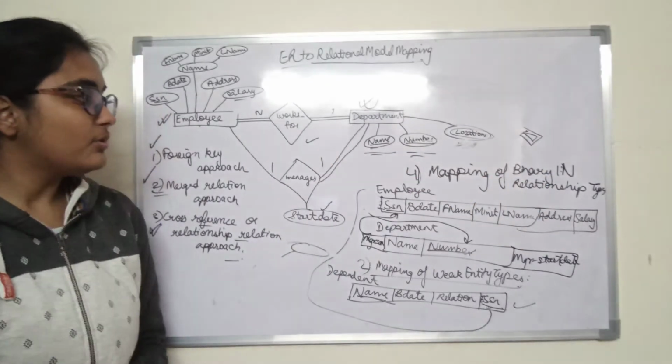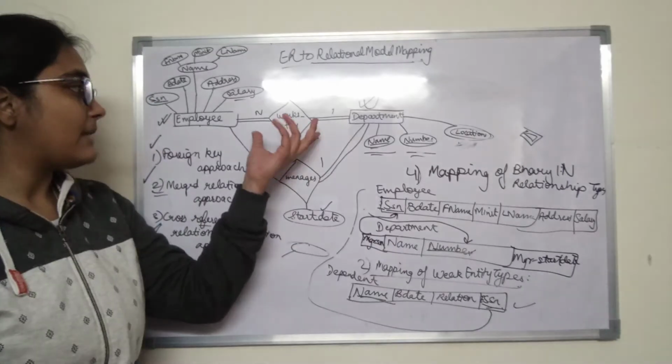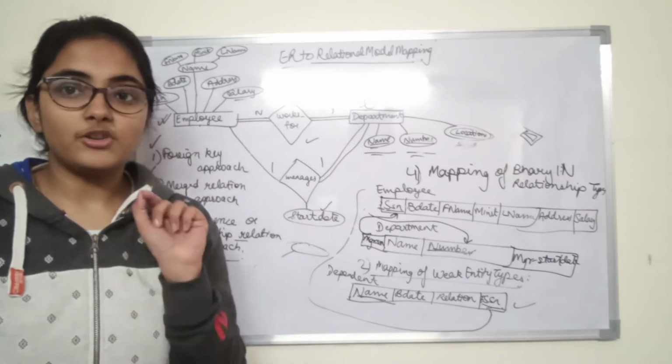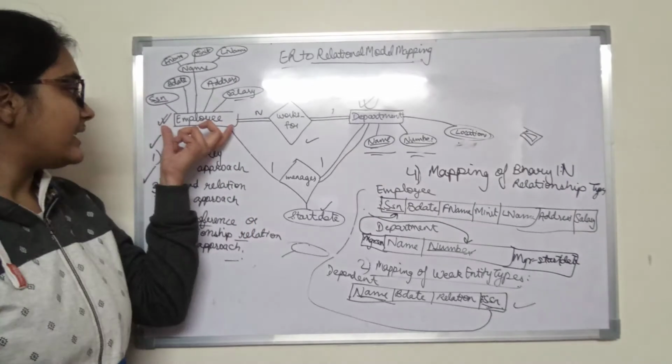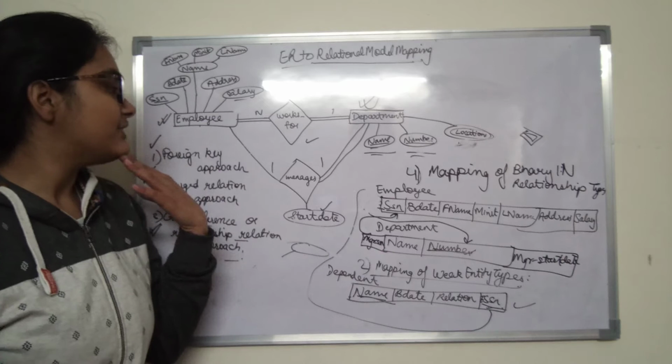What we need to do for every N:1 relationship type is first identify the relation that corresponds to the participating entity type at the N side. Which entity type is on the N side? Here this is the N side, and this is the one side.